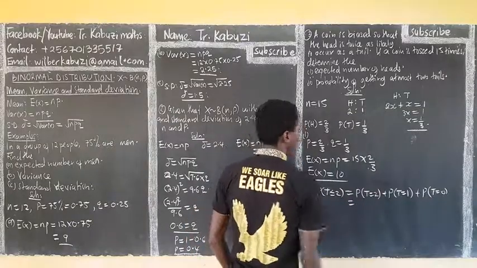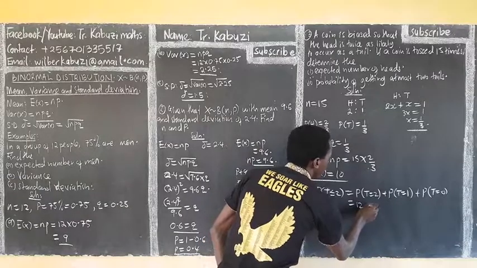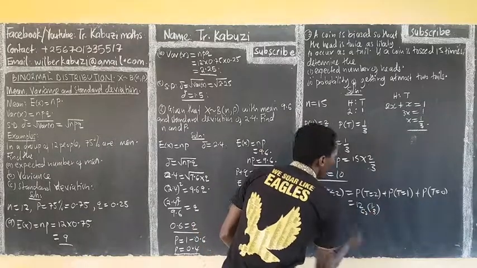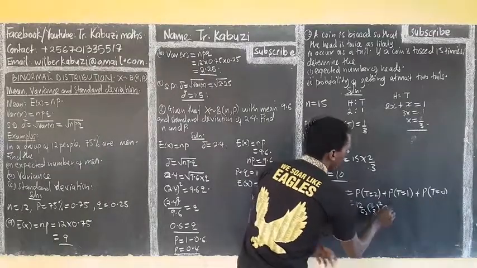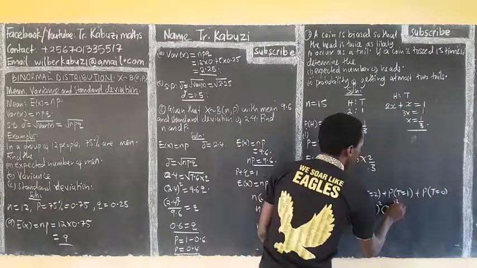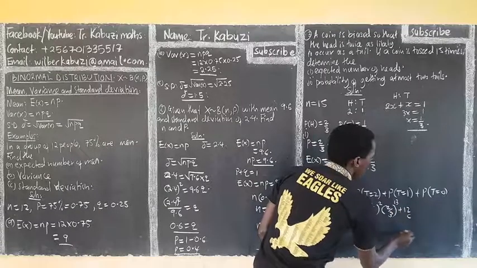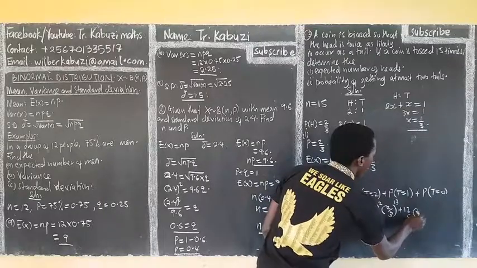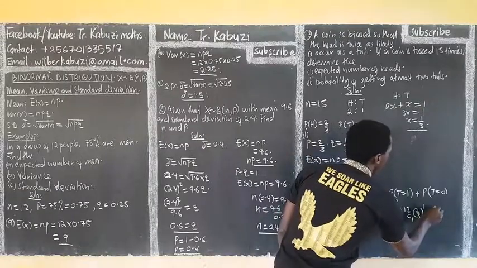So in this question, our n is 15, combination 2, into our probability of success, which is a third because we are talking about a tail, to the power 2, into the failure, which gives the head, 2 over 3 to the power 13. Then plus 15 combination 1, then a third to the power 1, into 2 over 3 to the power 14.